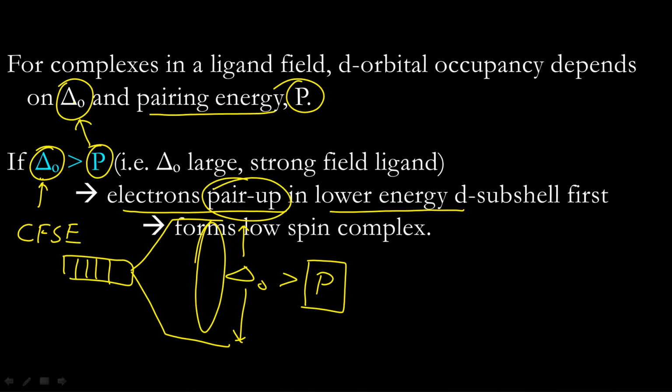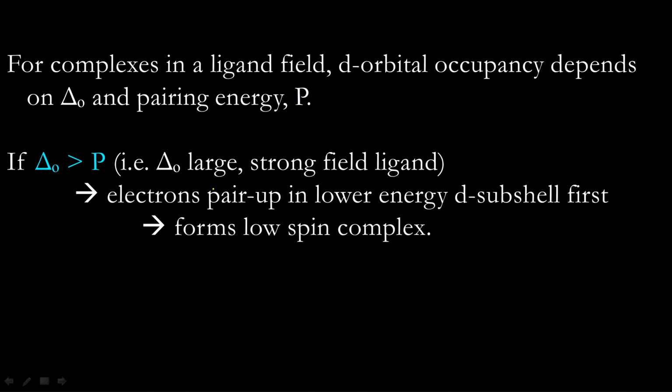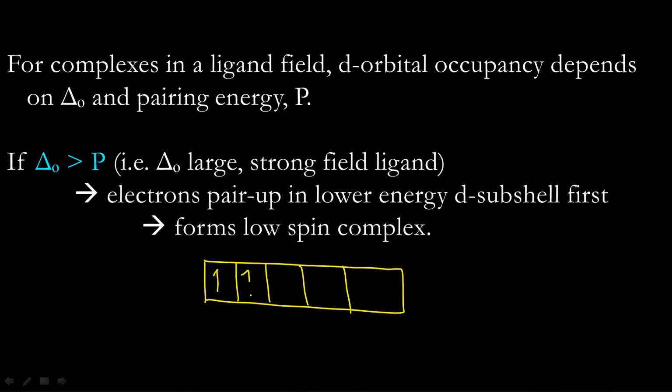And these form a low spin complex. What is a low spin complex? Try to understand. Suppose you have this configuration. This is called a very high spin complex because the spin is in just one direction. All are unpaired.